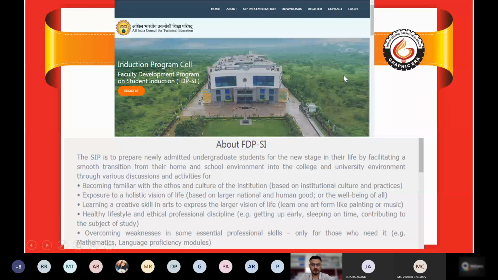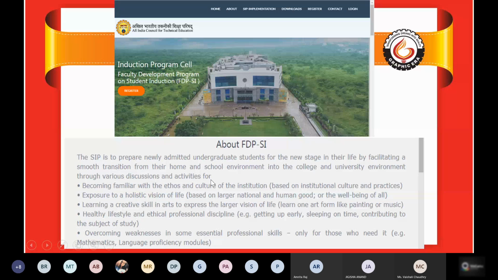So this is the website of AICTE, and you can see this picture where it is written Induction Program Cell, Student Induction. According to AICTE, this induction program is to prepare newly admitted undergraduate students like you, BTech Biotechnology, for the new stage in their life by facilitating a smooth transition from their home and school environment into the college and university environment through various discussions and activities.